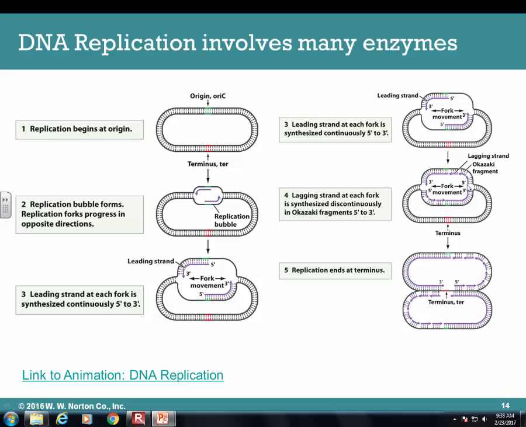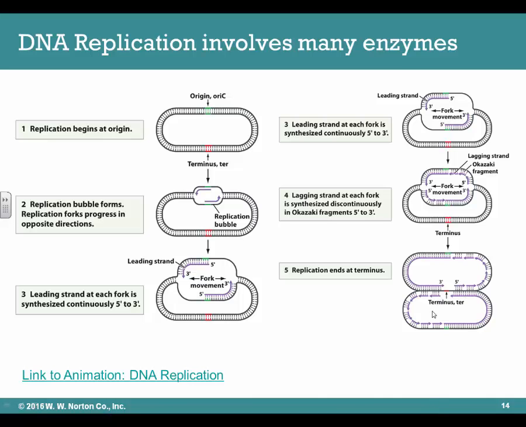So as the fork opens, it polymerizes these short fragments. And that happens in two directions, where you're having the leading and the lagging strand being polymerized, so that in the end you've got 4 strands of DNA, 2 complete copies of the genome by the time the enzymes get to the terminus.